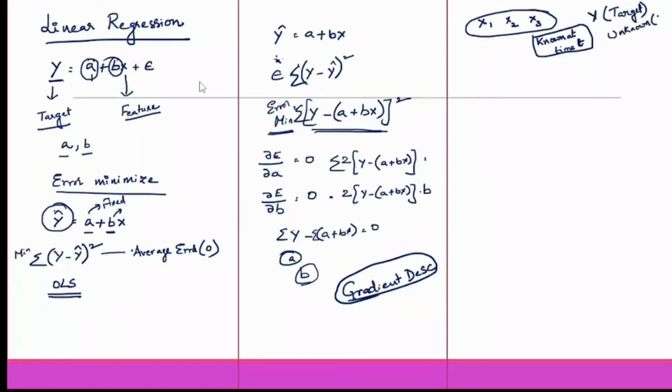Your problem should always be like that: the predictor variable is known at time t, the target variable is unknown at time t. Probably it becomes known at t plus delta, but at t definitely it is unknown.